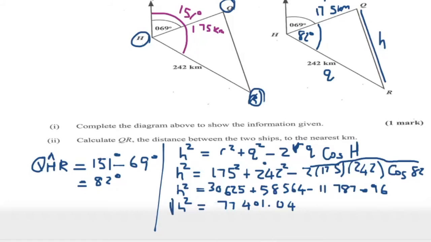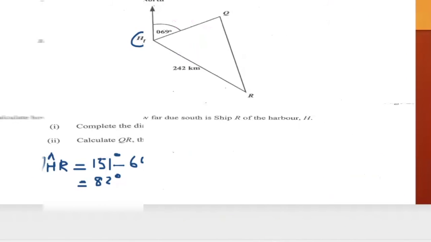Now, because I have a square here, I need to square root both sides. The square root cancels the square, and the square root of this gives 278.210, and because it says to the nearest kilometer, my answer will be 278 kilometers.